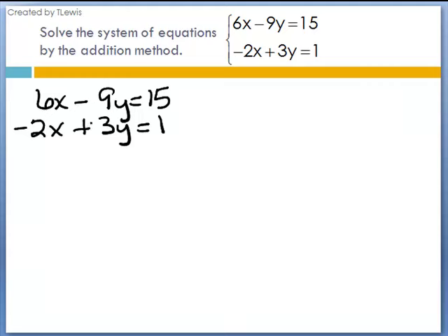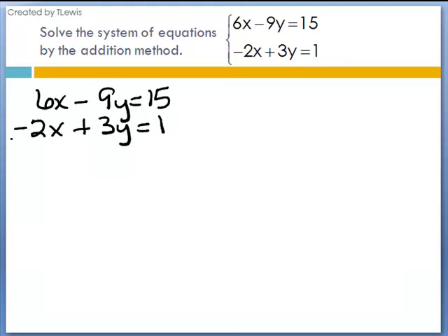Now, it's up to you which variable you want to get rid of. It can be the x or it can be the y. Because it's the first thing that I see, the x, let's get rid of the x. In order for us to get rid of the variable x, we have to have the same coefficient. So we can multiply both equations or we can multiply only one equation.